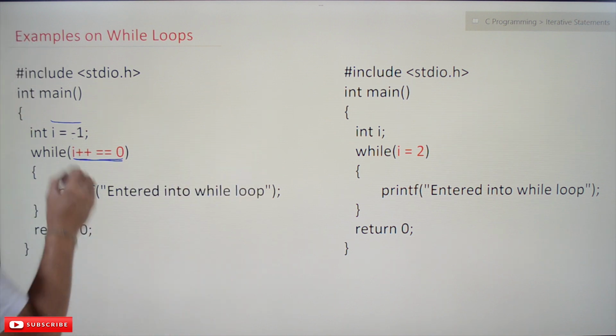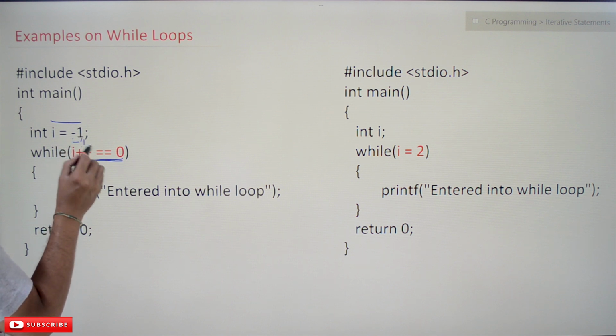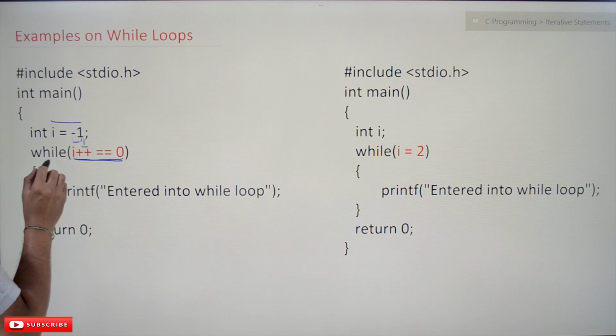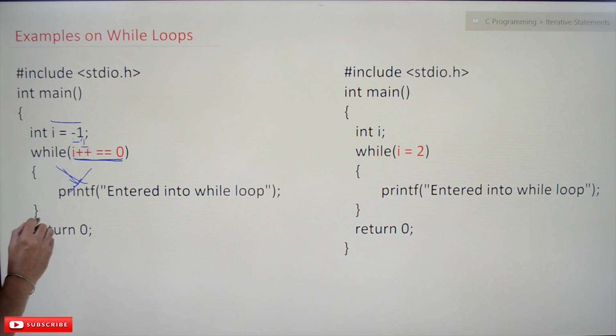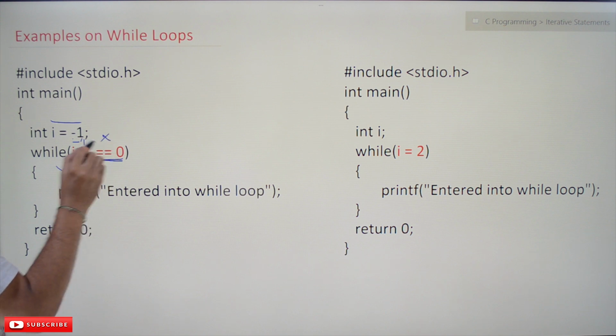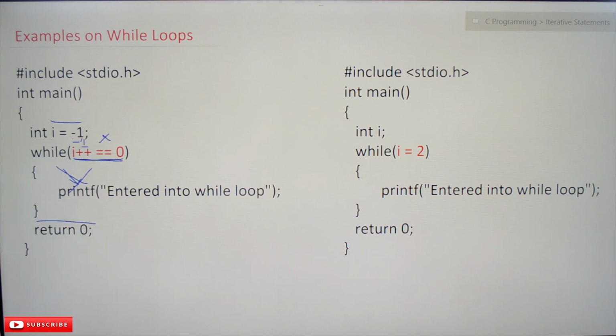So now it is -1 equal to 0, so we are not going to enter into this while loop, and this printf will not get printed. The condition is false, so we come out of this loop, and this return will get executed. Nothing will be printed for this program.